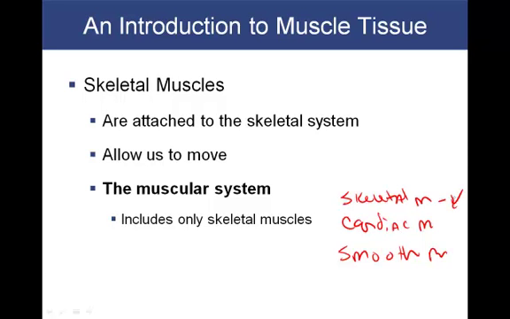We have conscious control over much of our skeletal muscles, while cardiac and smooth muscles are both involuntary. We do not have conscious control. We do not have to sit there and consciously provide a signal for the beating of our heart or the movement of food through our digestive system.